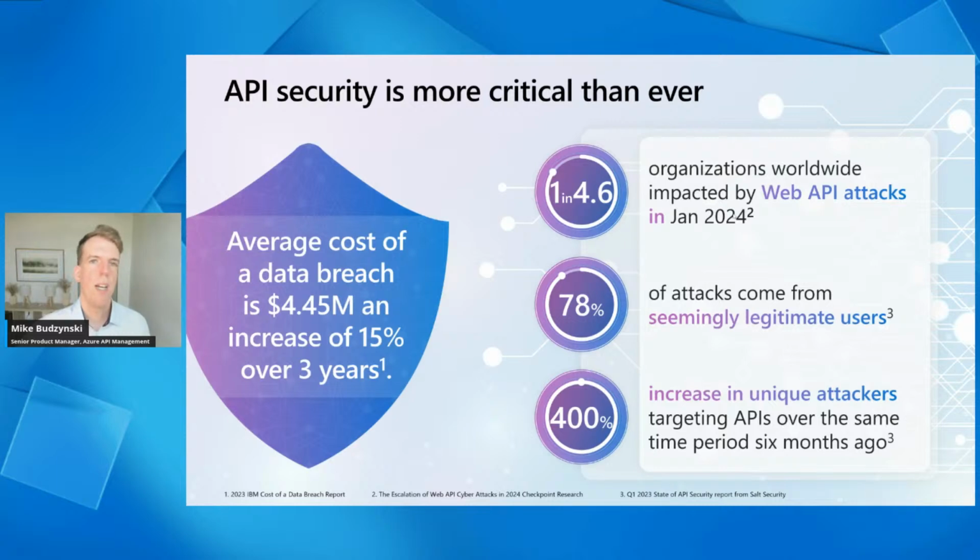So API attacks are becoming one of the most common, if not the most common, attack vector for organizations. And these attacks can be hard to detect, hard to prevent, and hard to mitigate. And I just want to take a minute to tell you what you can do in Azure API Management and API Center and other products to help you mitigate those attacks as they're happening on your platform.